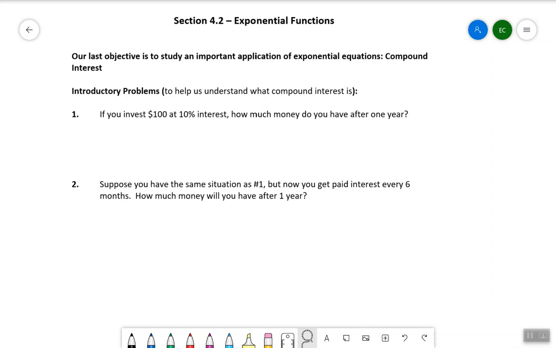So you could write 10% of $100 is $10. And this is the interest that you earned. And then you already had $100 and you add 10 onto it, so then you have $110 total.